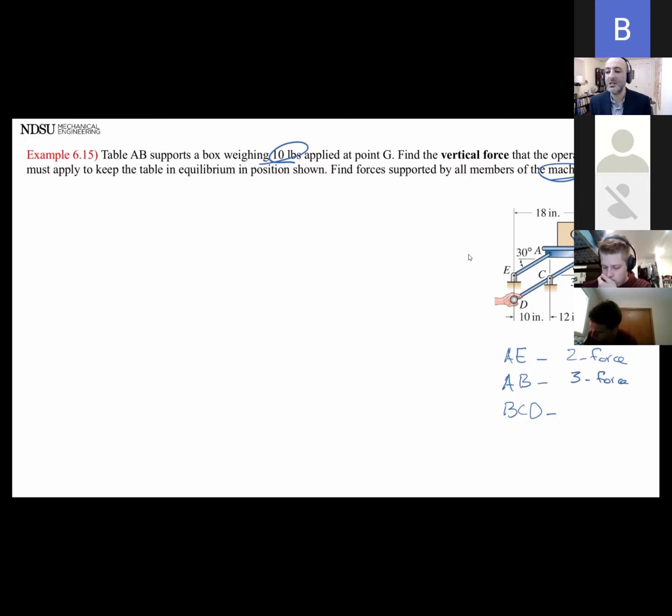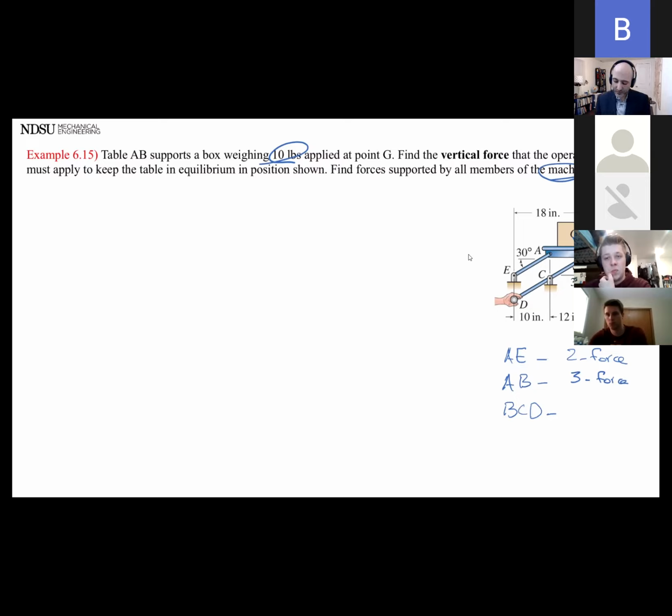What is BCD? What's BCD? Wouldn't it be a 3-force member since it's pinned in the middle?